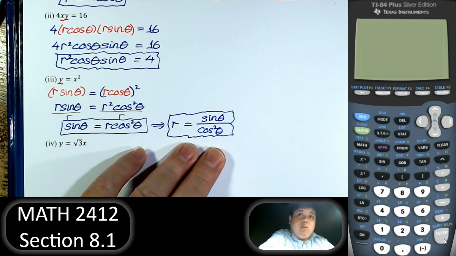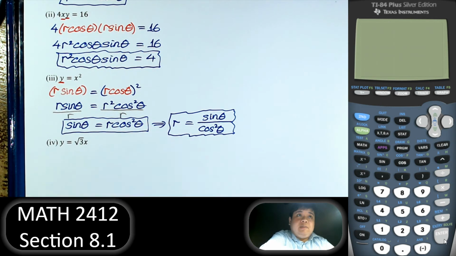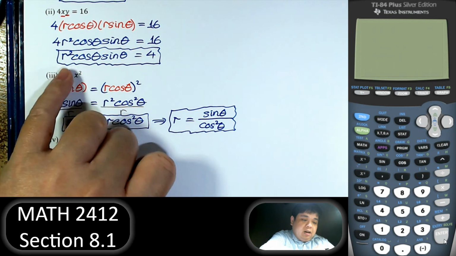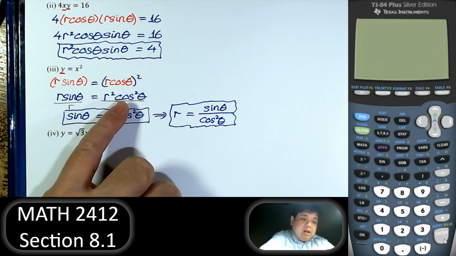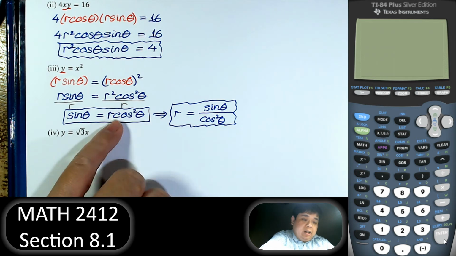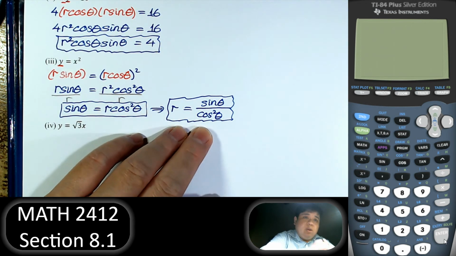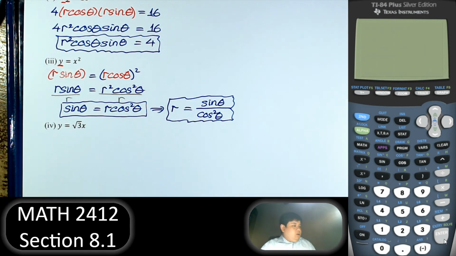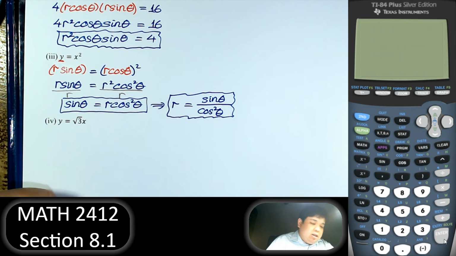An equation in polar form only has r and theta in it. Divide by cosine squared, we have this, or we can write sine over secant squared if we want to. Right. The next one is a little bit different.